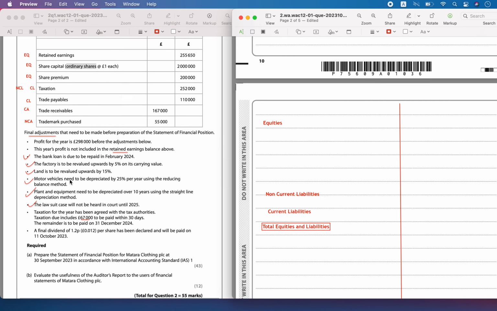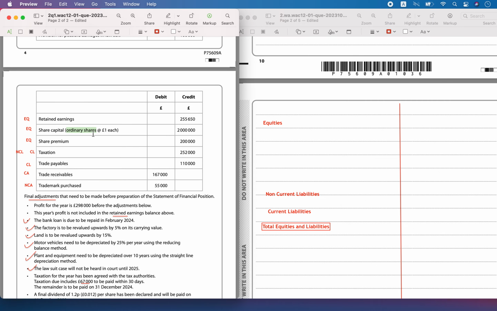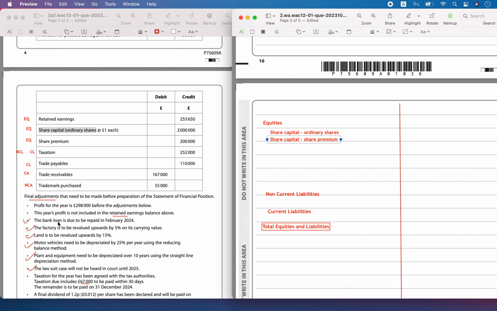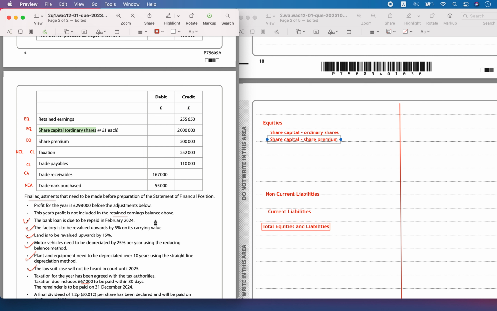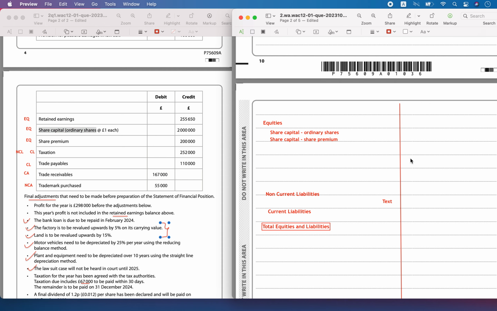So for the equity section, the first one is the share capital, that is ordinary shares, then ordinary share premium. Then you have the revaluation reserves, because the properties were revalued, so you are going to create a revaluation reserve for properties.